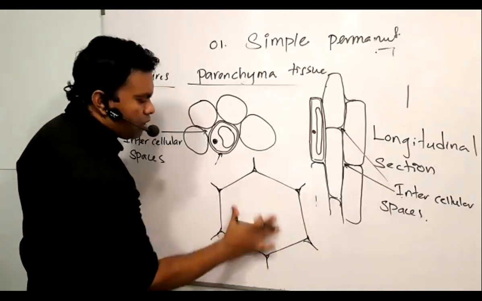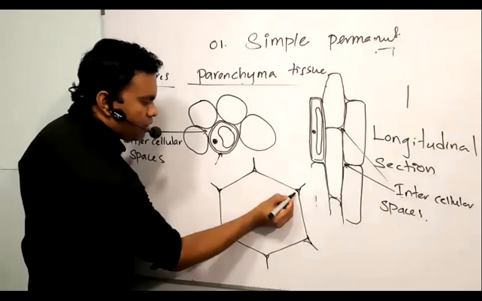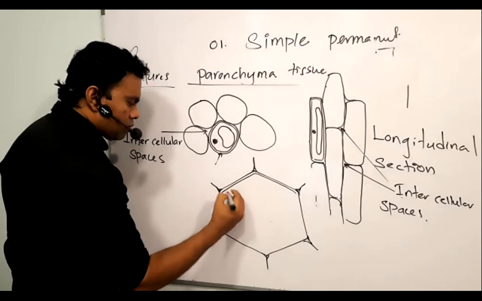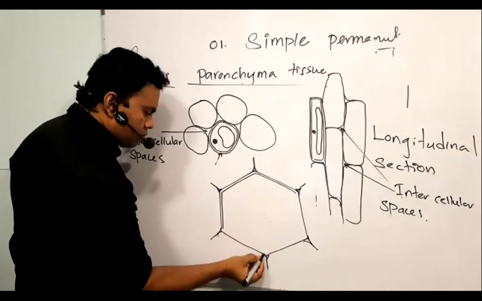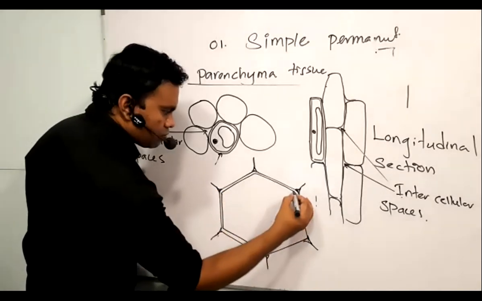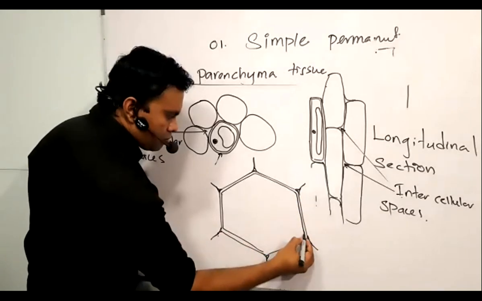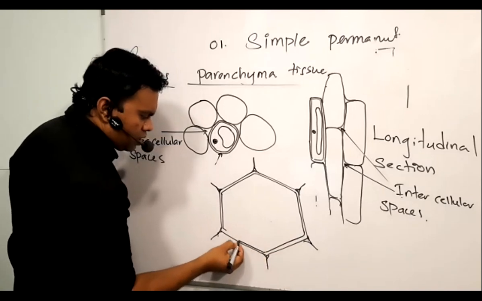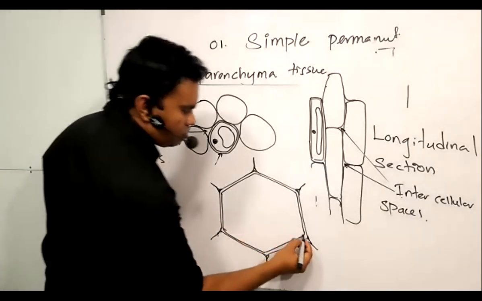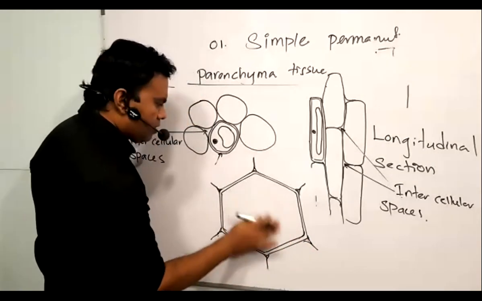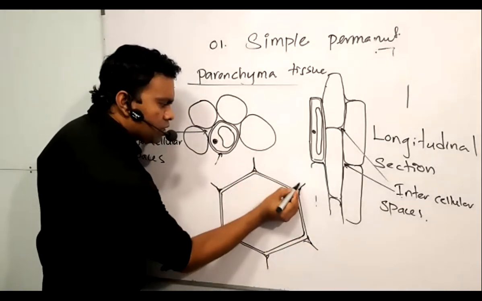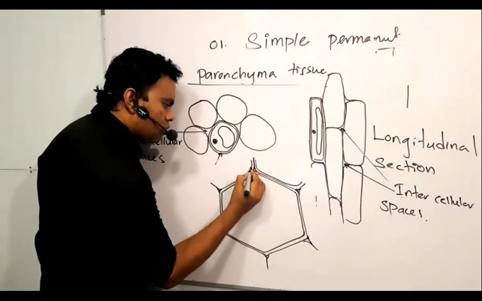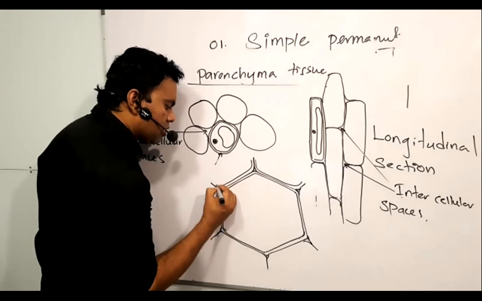This is a typical plant cell. Okay, this is the middle lamella, and this is the primary cell wall. I quickly draw this. Don't worry, some of the lines are not straight. So this is the primary cell wall of nearby cells. Surrounding cells, primary cell wall.